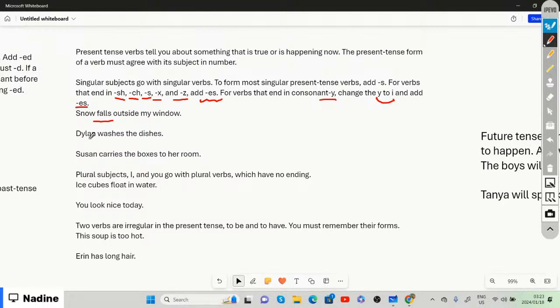Dylan is one person. Remember, a singular subject goes with a singular verb. So Dylan washes the dishes. We don't say Dylan wash the dishes. We say he washes the dishes, because it's a singular subject that goes with a singular verb.